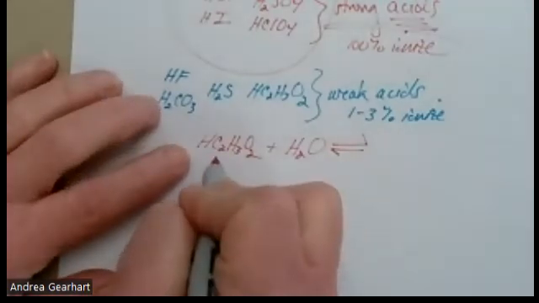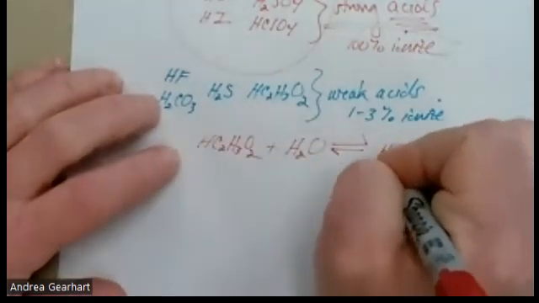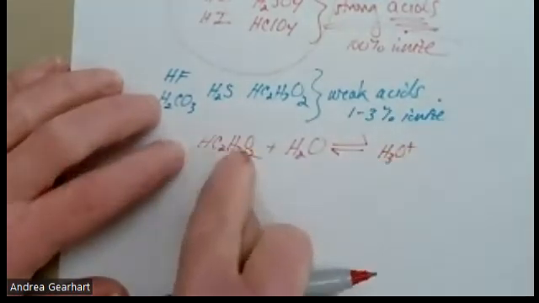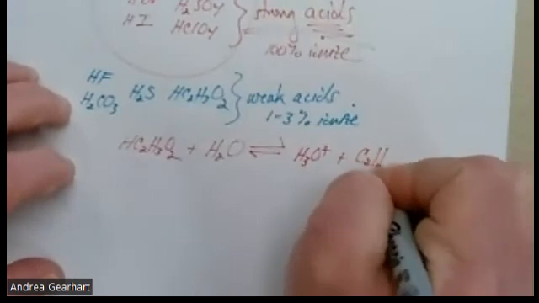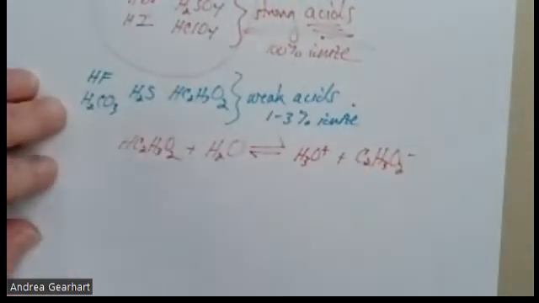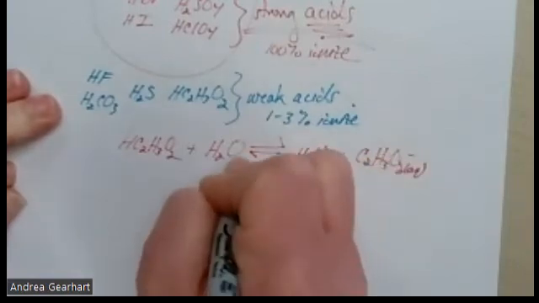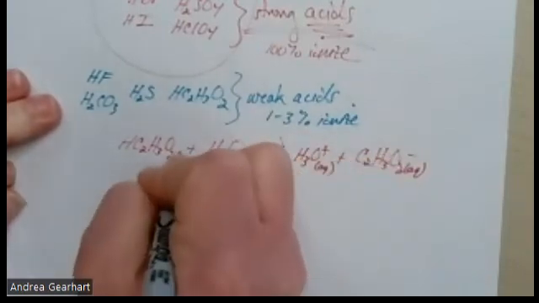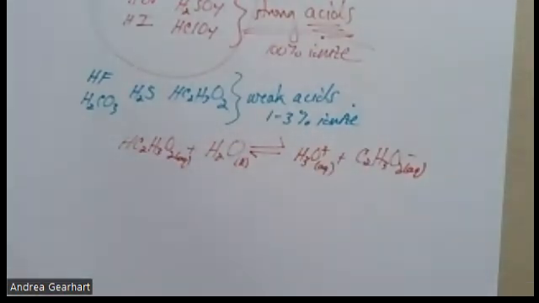In fact, for every 100 of these, we only get about 1 to 3 hydronium. Again, being an acid, it gives away that hydrogen ion, and then we have acetate remaining. Still an electrolyte, this would just barely light the light bulb because we don't have a high concentration of ions.